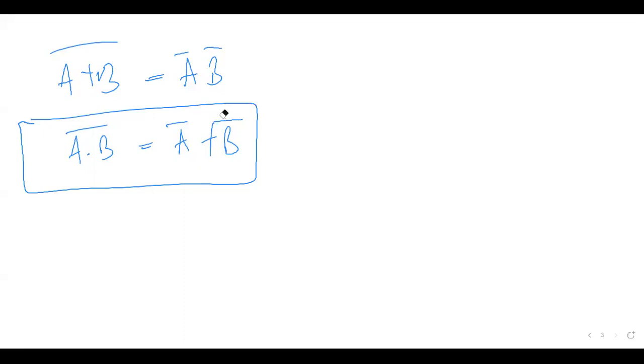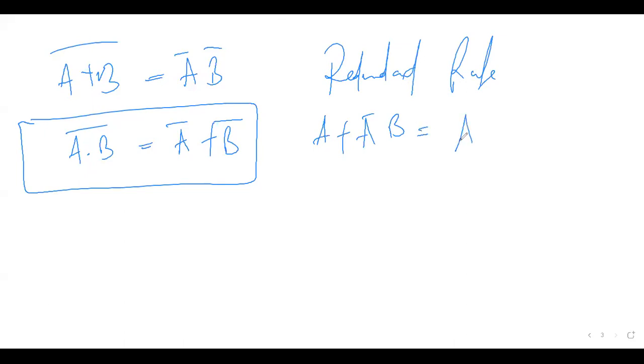We will use these when we are simplifying our circuit. We also have what we call the redundant rule, which says A plus A bar B is equals to A plus B. Instead of having this useless gate here, we can just remove it and it will be A plus B. It is the same.